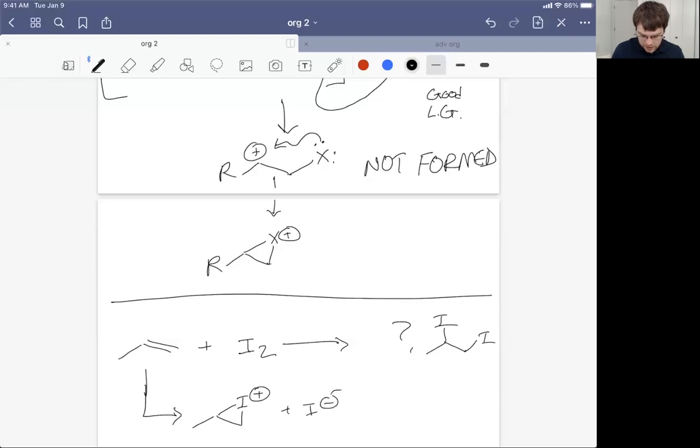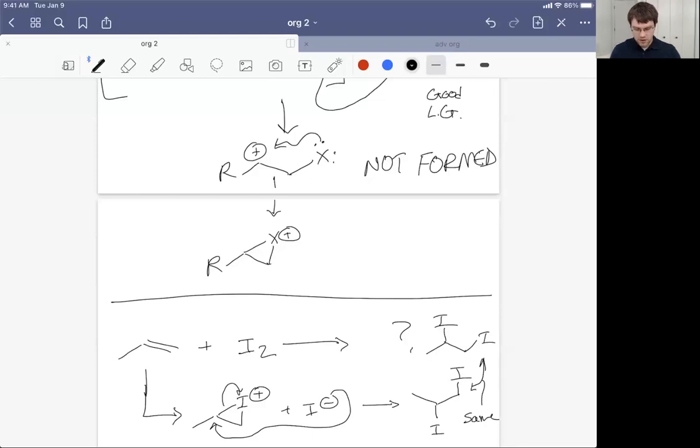Now I'm going to have the iodide come in and do underneath attack, splitting open the ring, and that's actually going to give rise to this depiction after ring opening. But due to free rotation, these two structures are the same. So we do the underneath attack just like we would with the protonated epoxide, putting the iodines on opposite sides. It doesn't matter in this case, but it can matter in some cases.